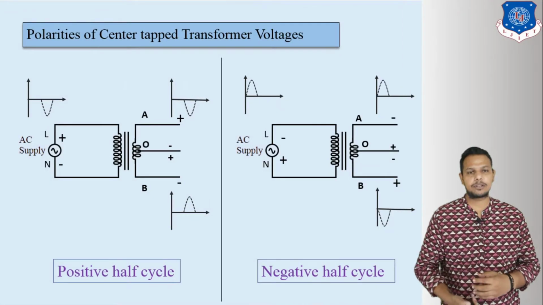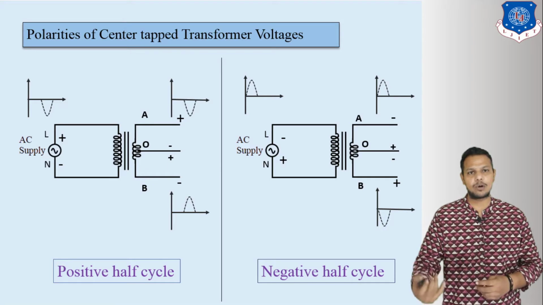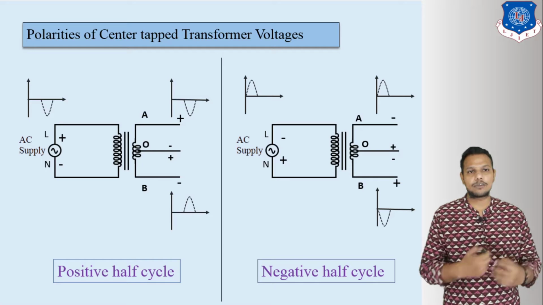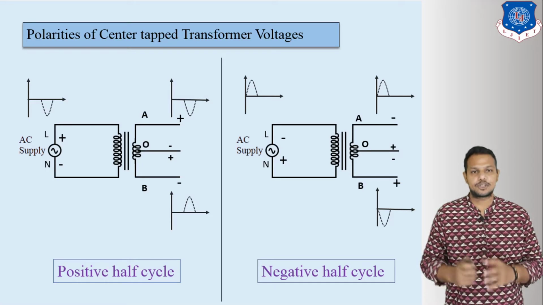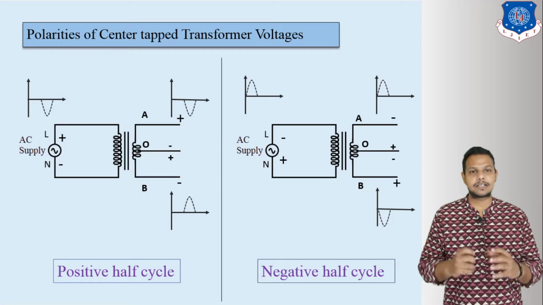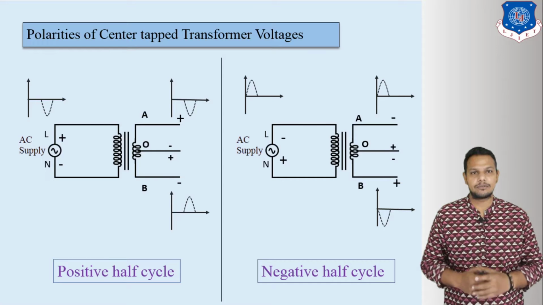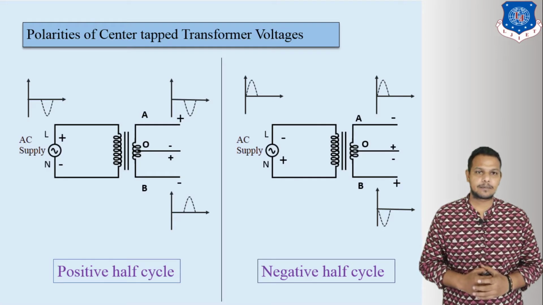Before we analyze the center tapped rectifier, let us refresh the secondary polarities of the center tapped transformer voltages. Here is the transformer with a center tap. In a center tapped transformer, we get two different output voltages.